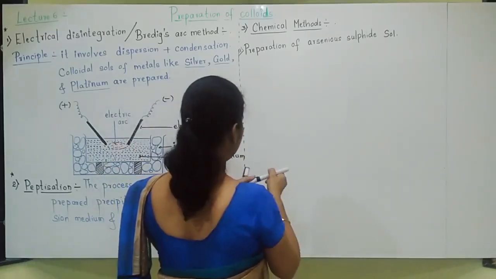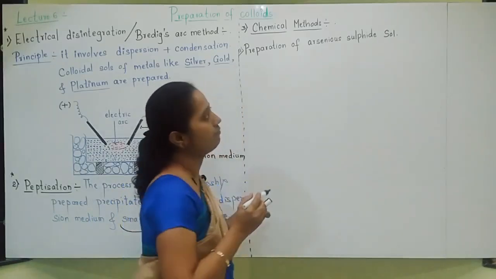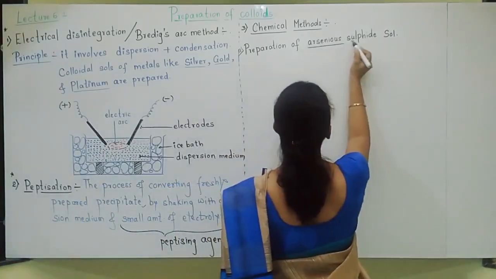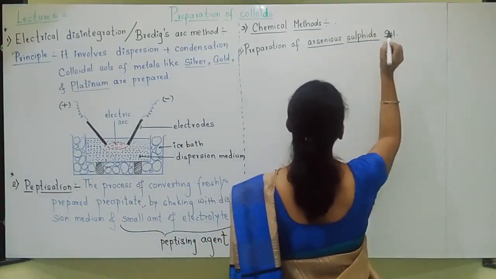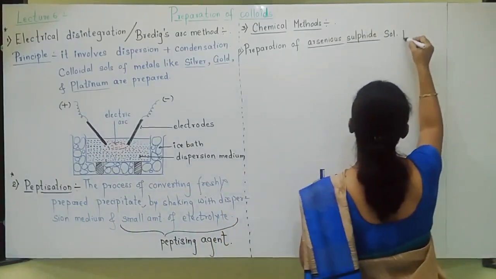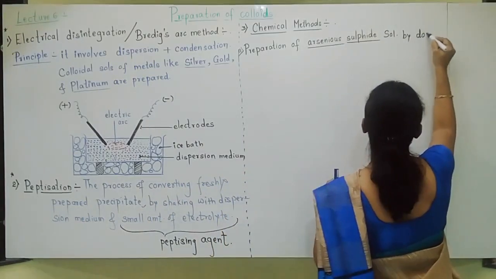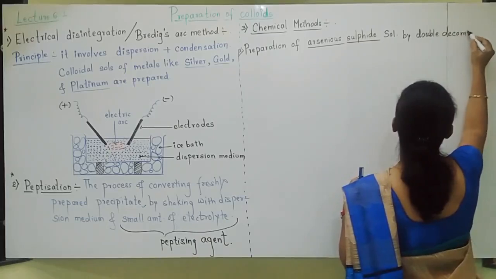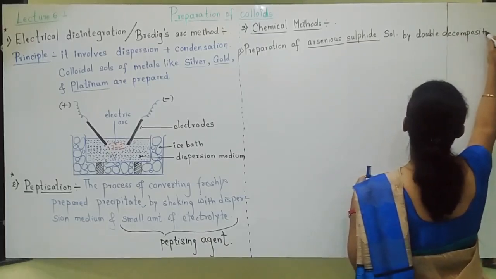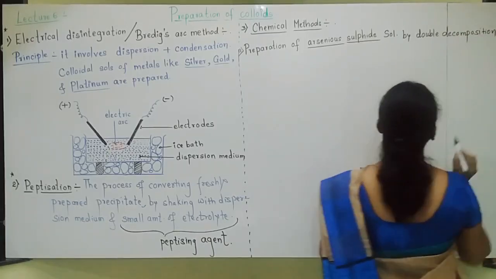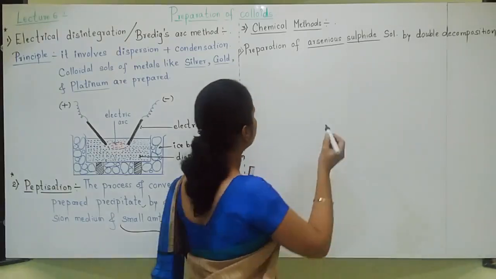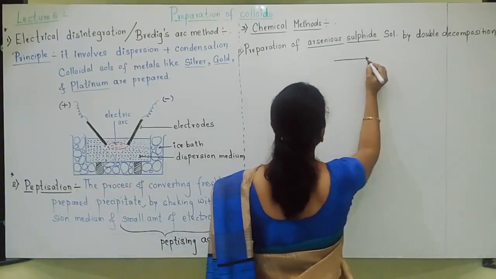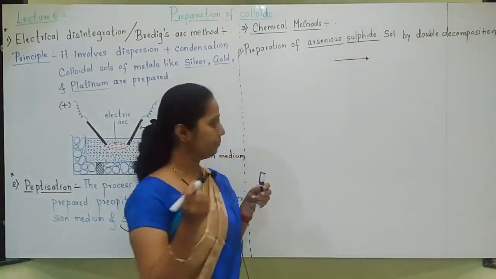So first I will write preparation of arsenious sulfide sol. This method is called by double decomposition. Students, here first the arsenious sulfide formula.